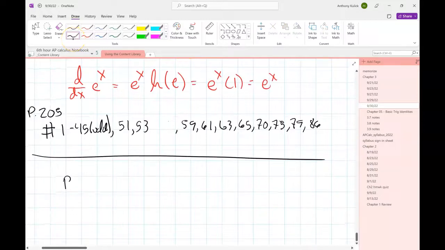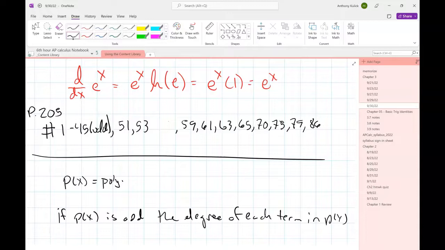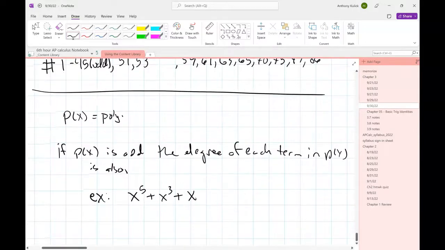If I have some p of x that is a polynomial, and if p of x is odd, the degree of each term in p of x is also odd. So for example, we'd have x to the fifth plus x to the third plus x to the first. And the same thing about evens.